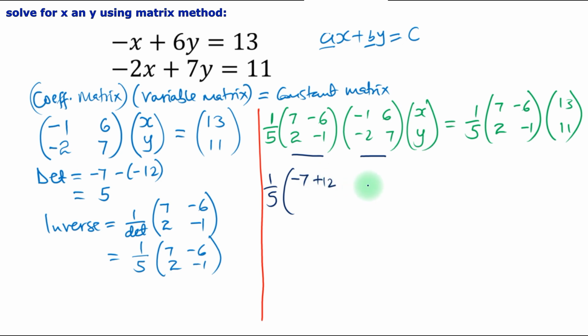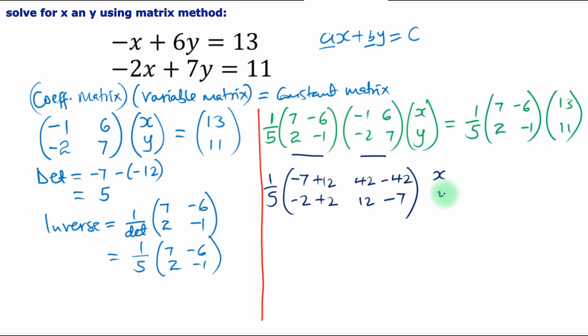Then for the first row, second column, 7 times 6 is 42, then plus minus 6 times 7 is minus 42. The other one is 2 times minus 1, that is minus 2, plus minus 1 times minus 2, that will be plus 2. The other element will be second row times second column, so 2 times 6 is 12, then plus minus 1 times 7, that will be minus 7.